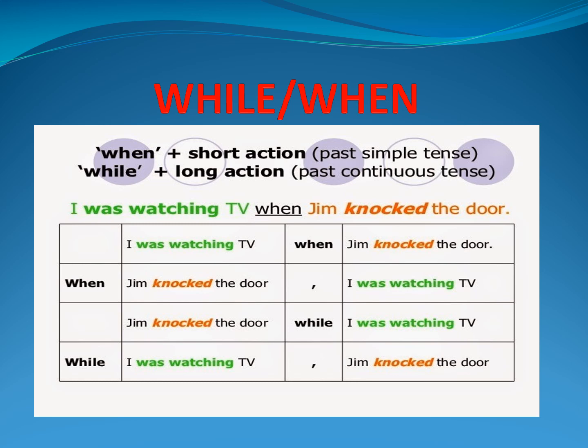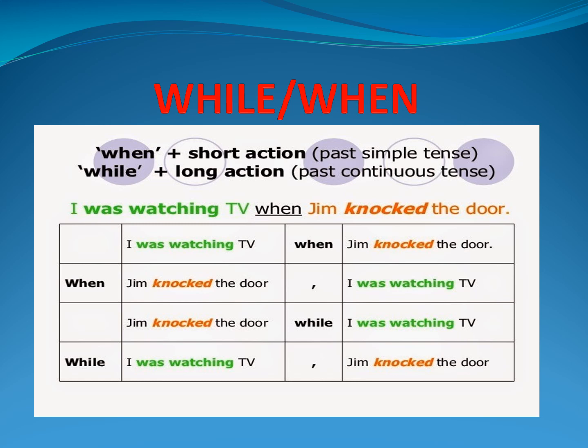I was watching TV when Jim knocked the door. Let's see if we start the sentence with when or while. When Jim knocked the door, comma, I was watching TV. So here we started the sentence with when. And so when we start the sentence with when or while, we have to put a comma in the middle of the sentence.